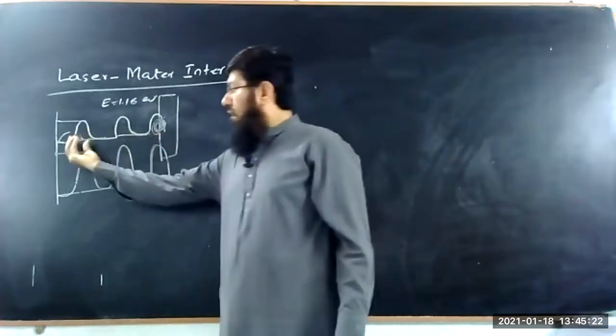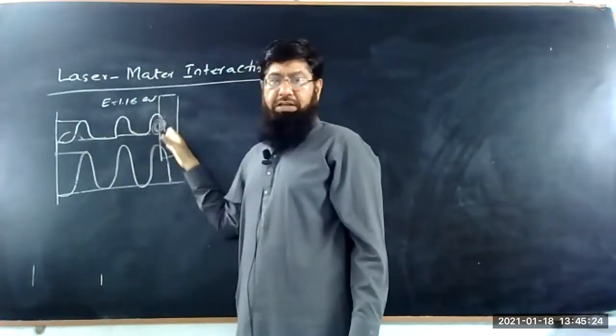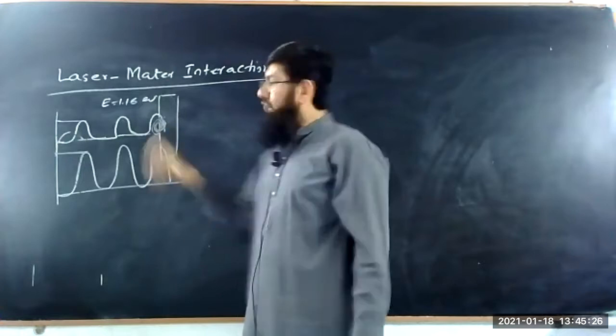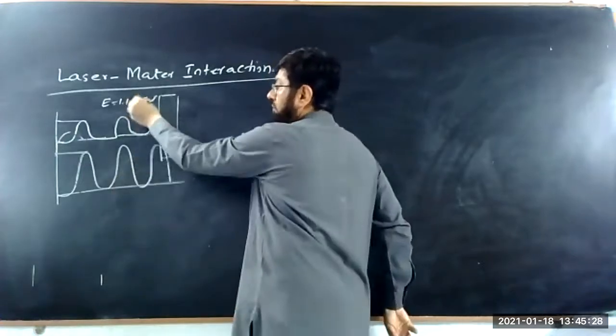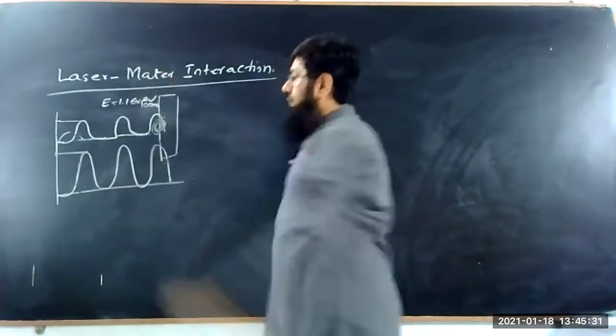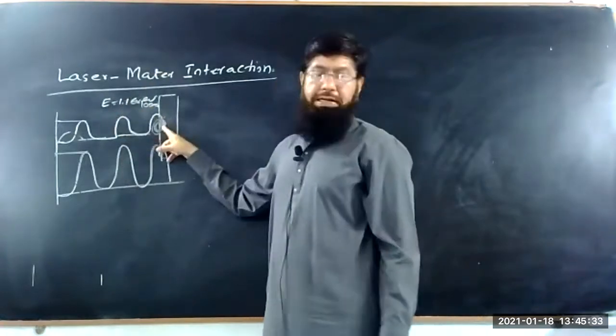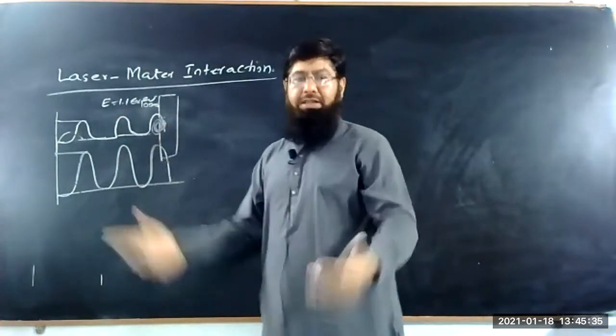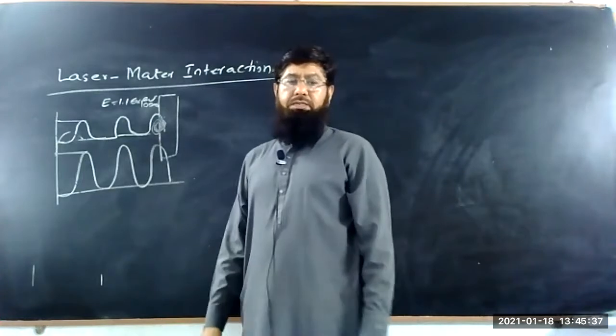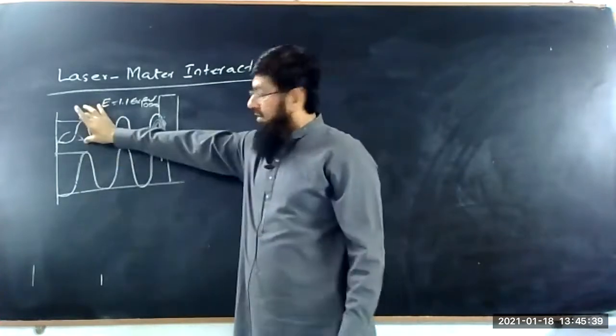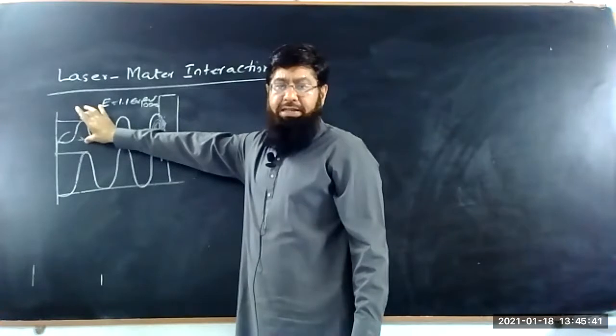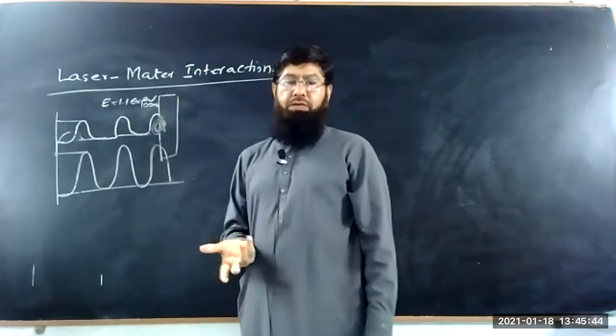So how many photons must strike to produce ablation? If we multiply by 1000, it means if 1000 photons simultaneously hit the material, it can evaporate the material. Clear? So from the intensity, you can find out the number of photons.